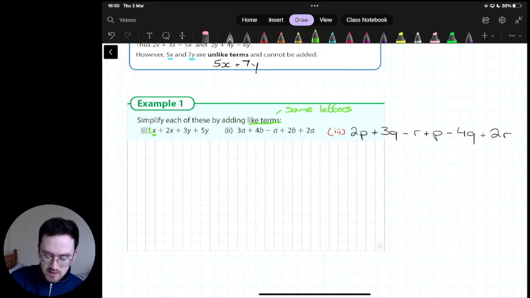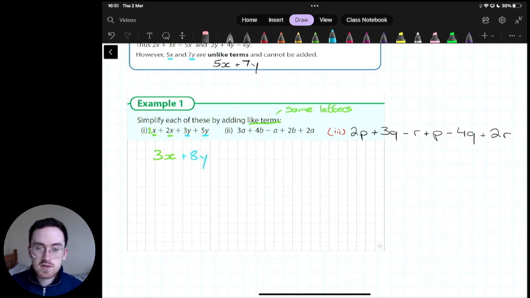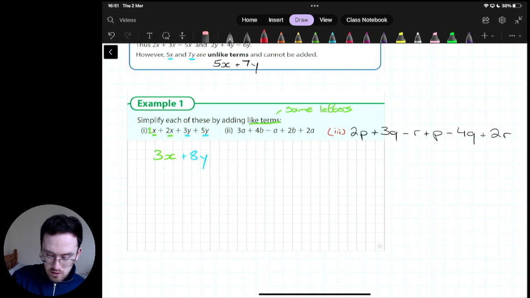So I have 1x there, I have 2 x's here, so altogether 1 plus 2, I have 3x. We look at the y's, I have 3y here, I have 5y here, so altogether I have 8y. And that's as far as I can go with that question. I can't go any further because I can't add x and y because they're unlike terms.